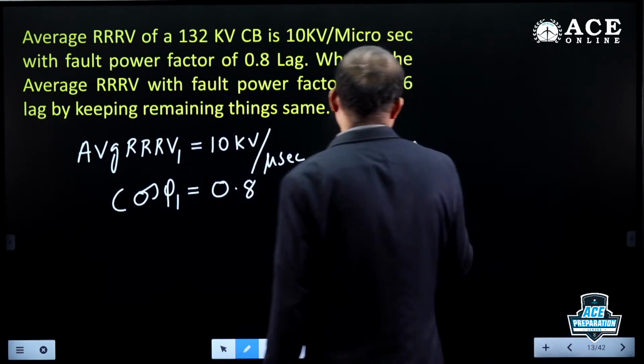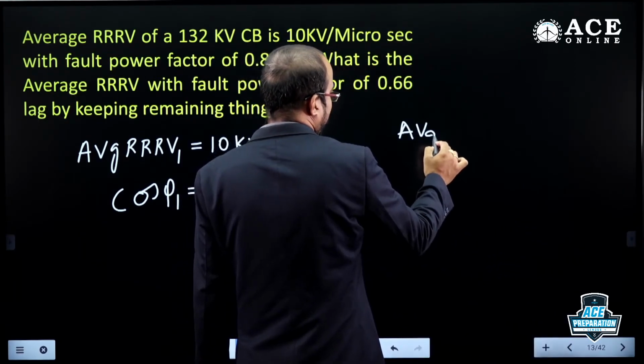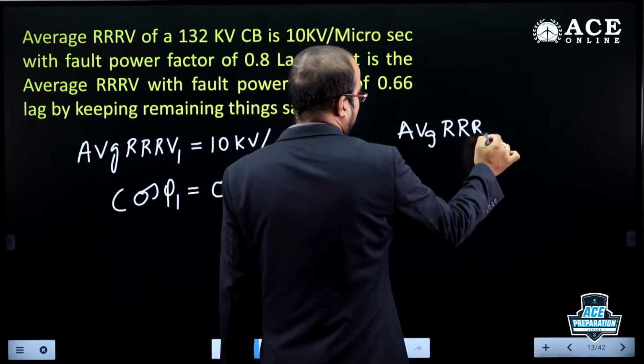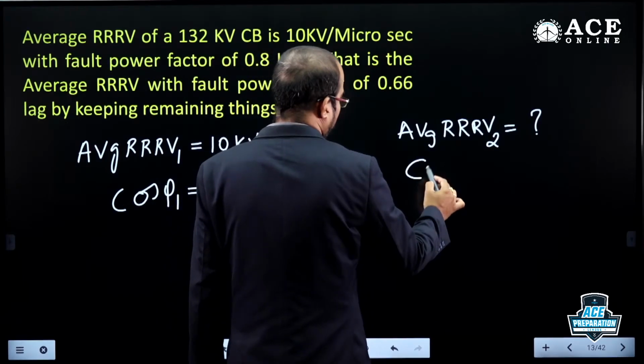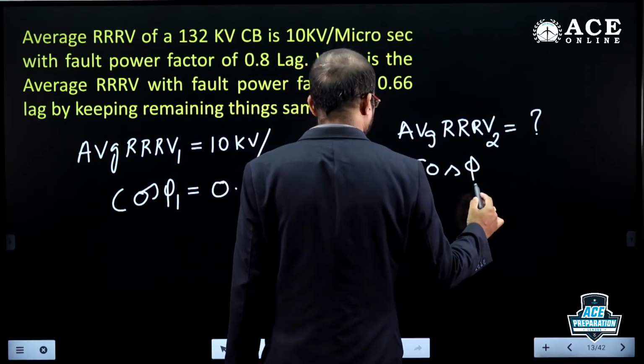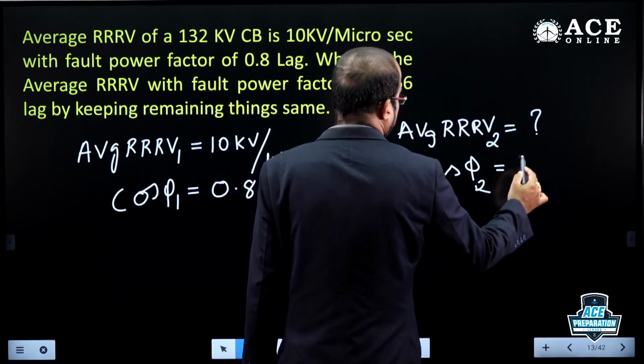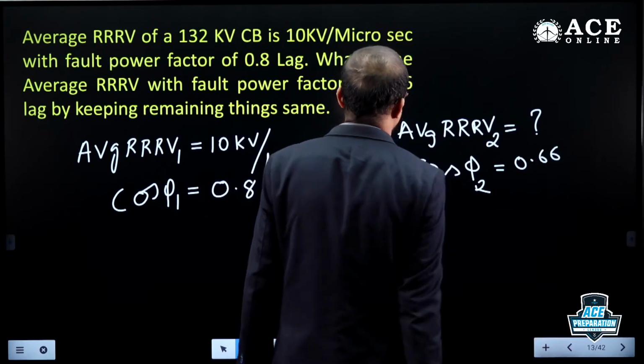Now we need to calculate the average RRRV in the second case, if the fault power factor cos phi 2 is 0.66 lag.